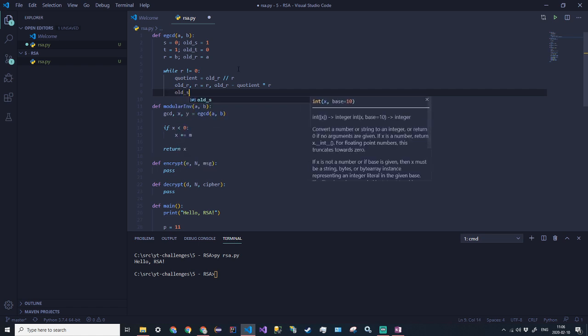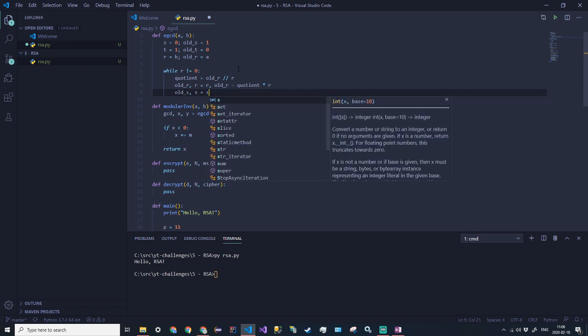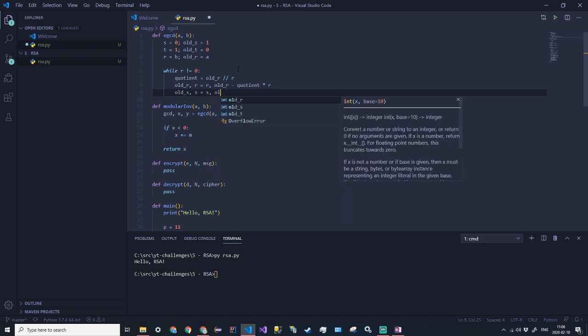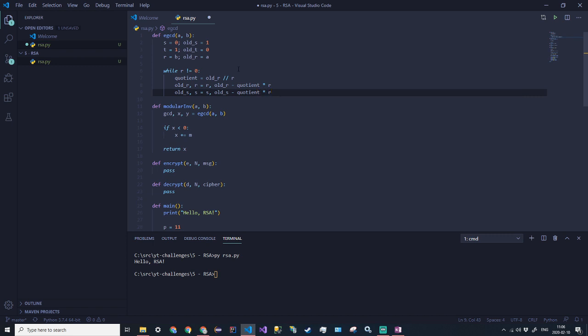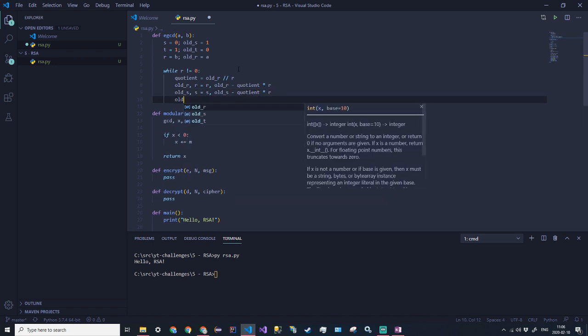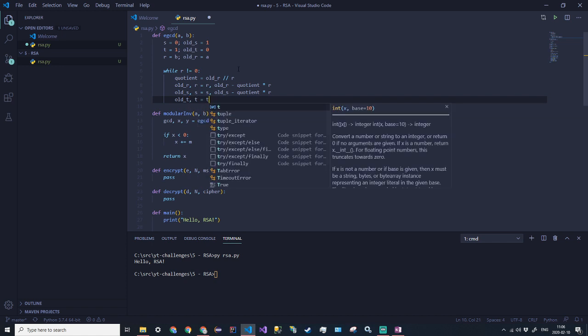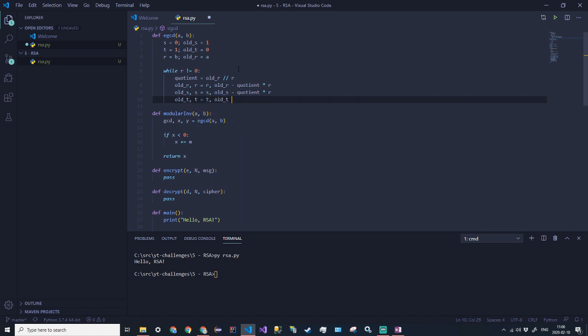So old S is equal to S. So we're essentially just putting S in old S, and then we're doing the same thing that we did with the R. So old S minus quotient times R. And then old T is equal to T, old T minus quotient times T.